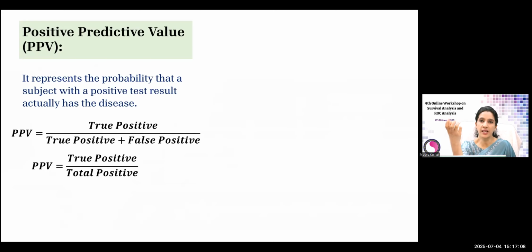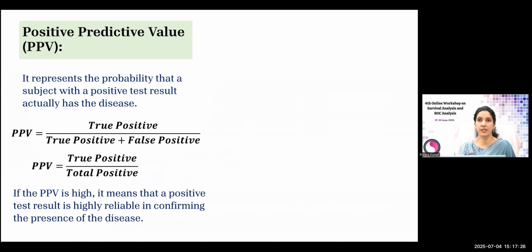Out of all those tested positive, you see how many of them are true positive. So in the numerator we take true positive, and in the denominator we take total positive. That's the positive predictive value.